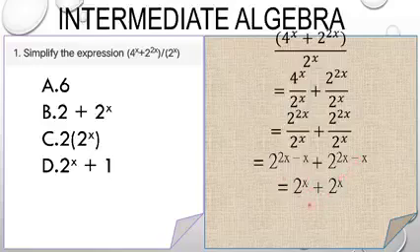So here, meron tayong common term, which is 2 raised to x. So we have dalawang 2 raised to x. So that means it is also the same as 2 times 2 raised to x. Since again, multiplication is a repeated addition. Kung meron tayong dalawang 2 raised to x, that is also the same as 2 times 2 raised to x.